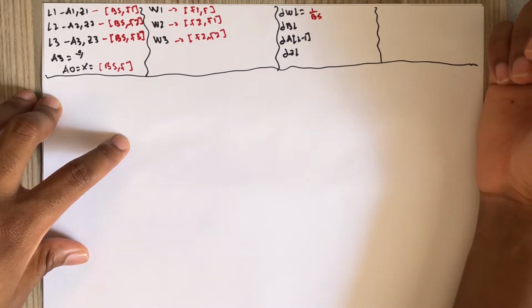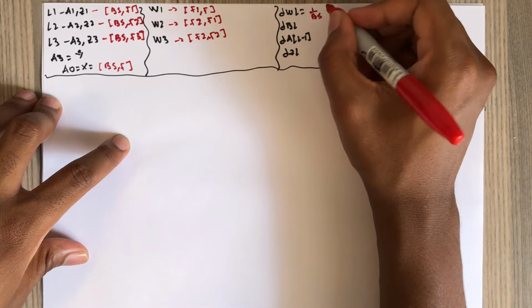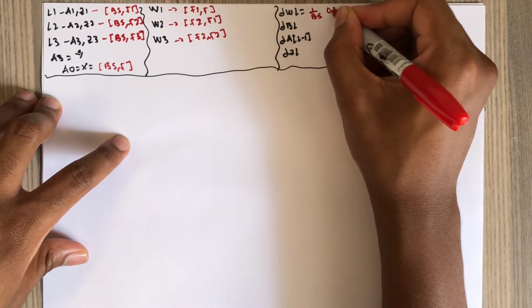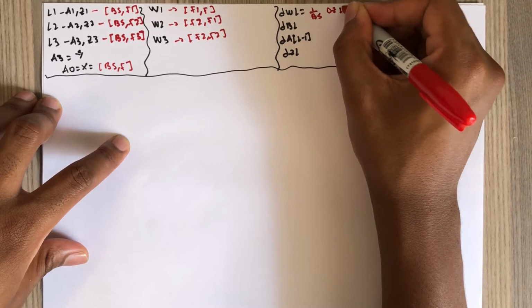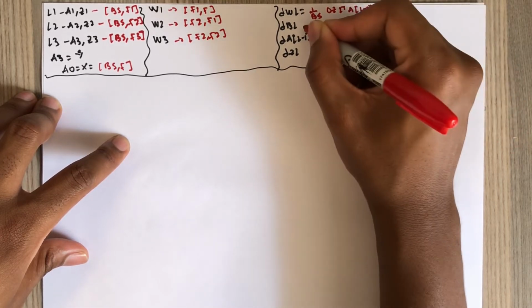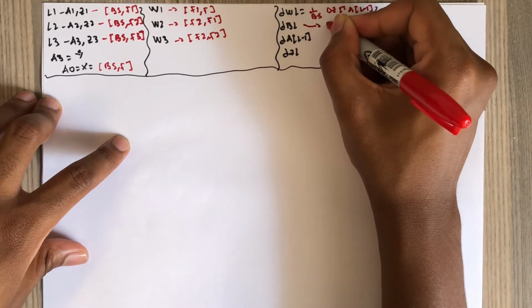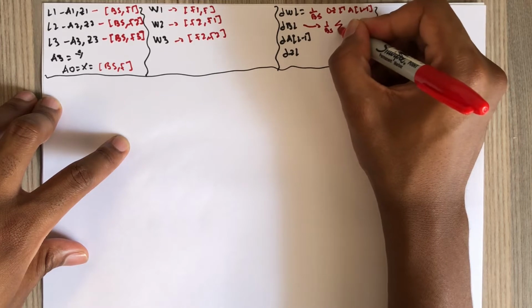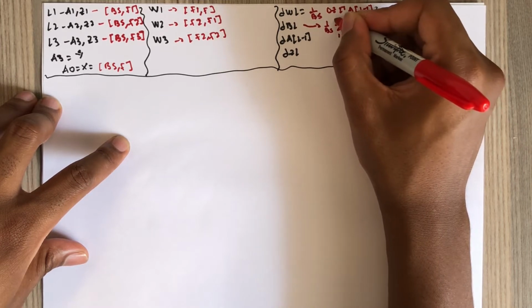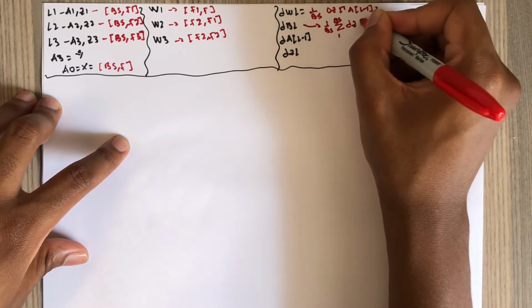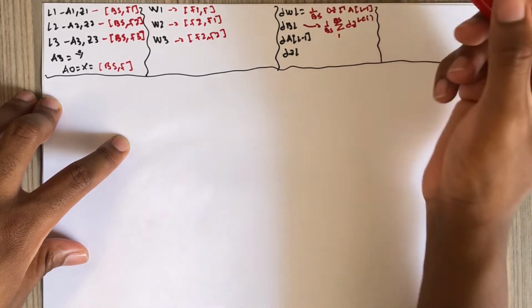And the dWL is 1 divided by BS, the dZL transpose AL minus 1. This is 1 divided by BS, then summation i from 1 to BS of dZL i.